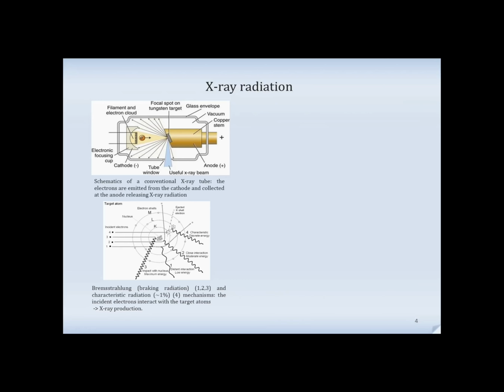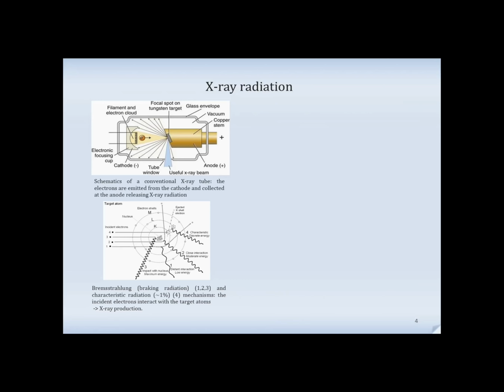In conventional laboratory diffractometers, we use a copper anode or nickel or some other metals, and for copper, the so-called K alpha radiation has a wavelength of 1.54 angstroms.